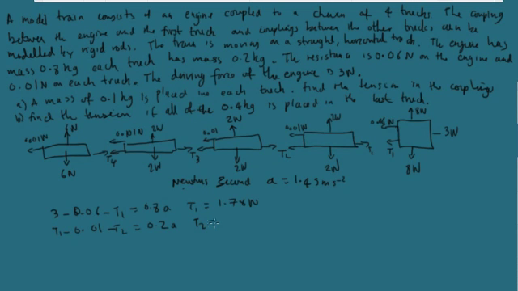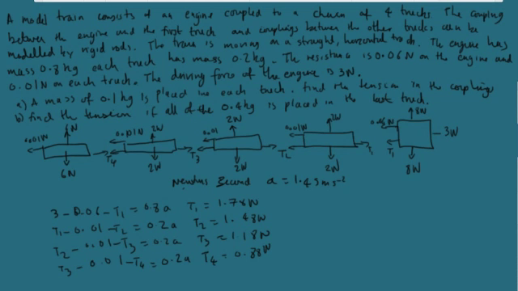And again, T2 is going to be 1.48 newtons. T2 minus 0.01 minus T3 equals 0.2A. T3 is going to be 1.18 newtons. And T3 minus 0.01 minus T4 is 0.2A. Working that out, you get T4 as 0.88 newtons.